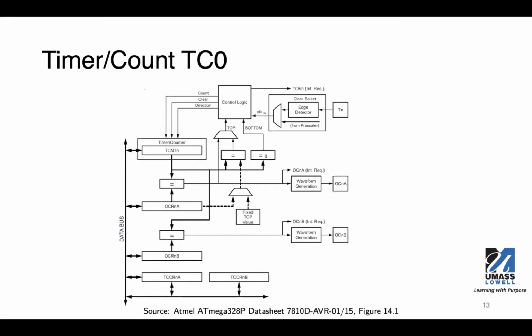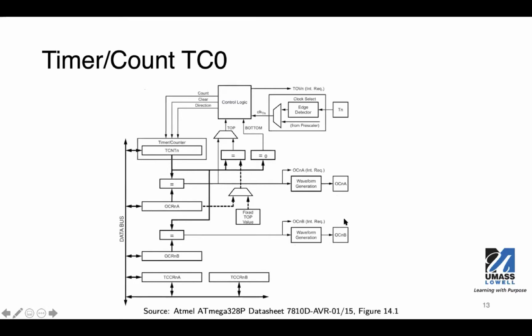This is the internal diagram for this timer counter module. You see a few names that you will find out later, the TCNT and OCRN and OCA, OCB. So these two are the outputs that will be generated when you use PWM.